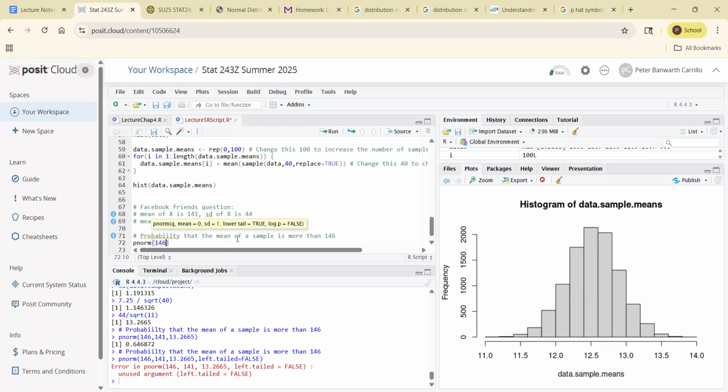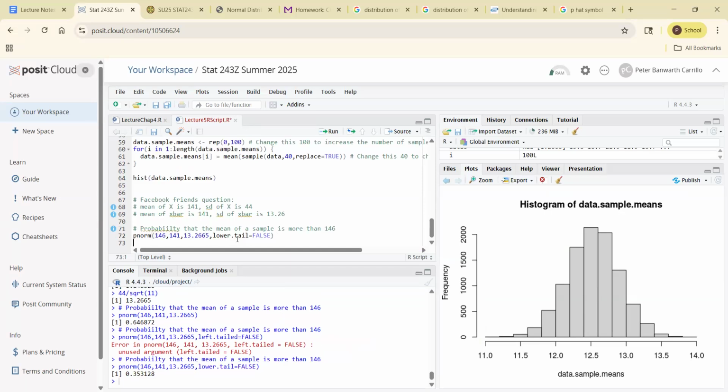P-norm, 146, 141, 13.26, lower.tail equals false. There we go. 0.353128.